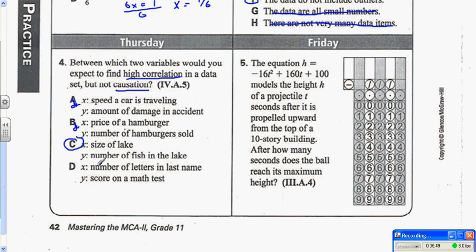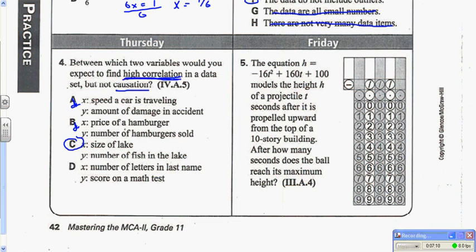Now this last one here might make you say, well, why not this one? This one can't cause anything. Well, you're right. Number of letters in the last name and the score on a math test has nothing to do with each other. So definitely, letters in the last name do not cause score on a math test. But they do say there's a high correlation.